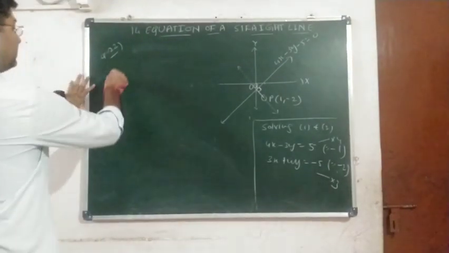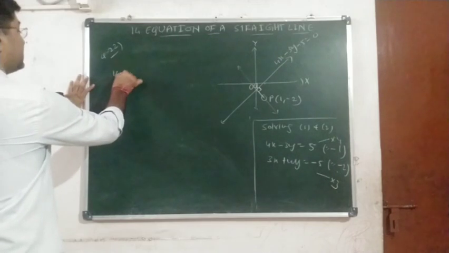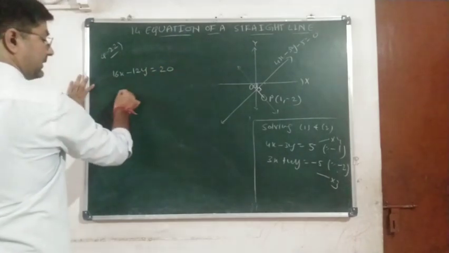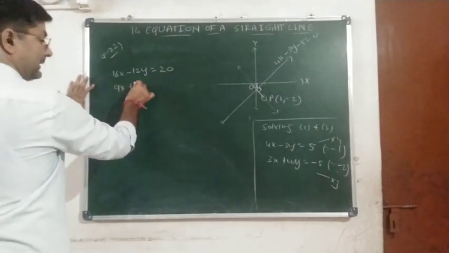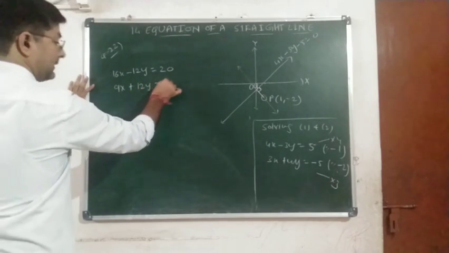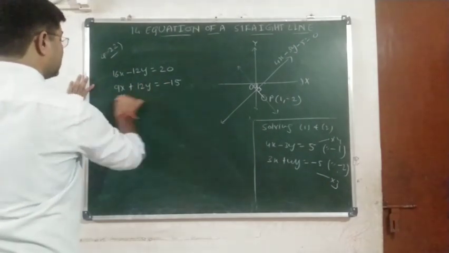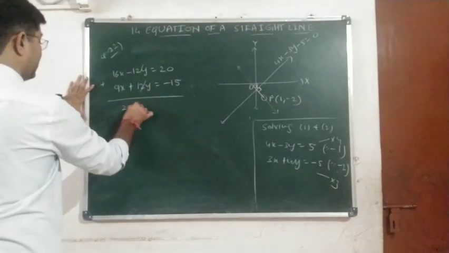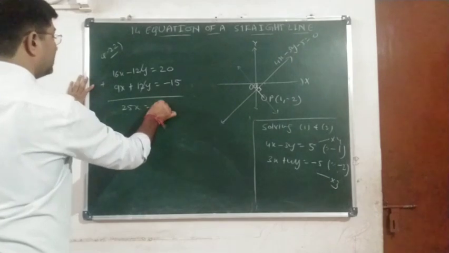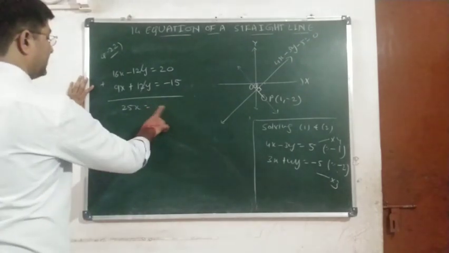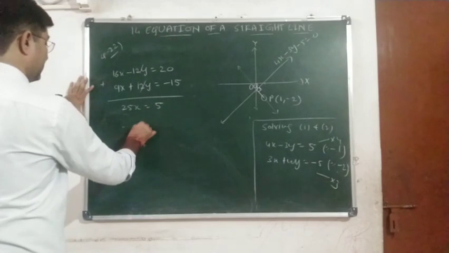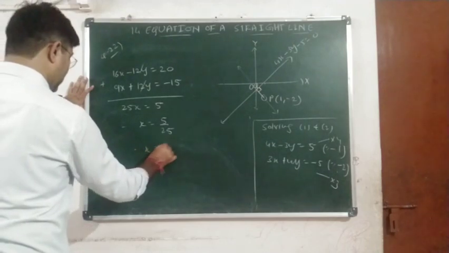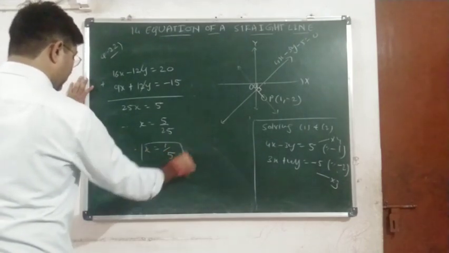So 16x - 12y = 20 and 9x + 12y = -15. Adding the two equations we get 25x = 20 - 15 = 5, and therefore x = 5/25. Therefore x = 1/5.